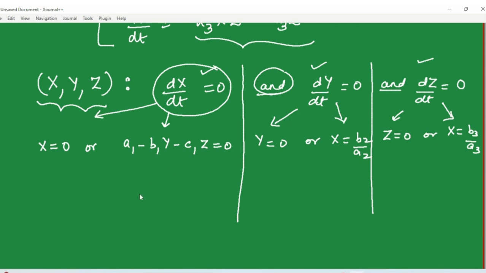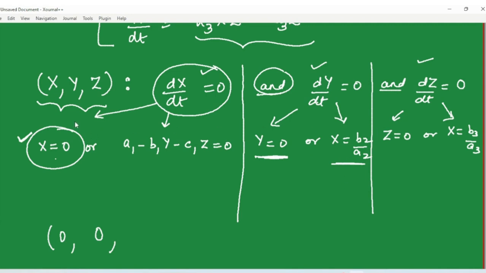Now how do we go about such questions? Again, in a similar fashion, you take one option, freeze one option for dx by dt equal to 0. Okay, so my x is 0. Let me see what all I can combine it with, so that I get dx by dt is 0 and dy by dt is 0 and dz by dt is equal to 0. If I combine x equal to 0 with this first option for dy by dt, I get y equal to 0. Obviously, I cannot combine x equal to 0 with x equal to b2 by a2, because if x is 0, it cannot be b2 by a2.